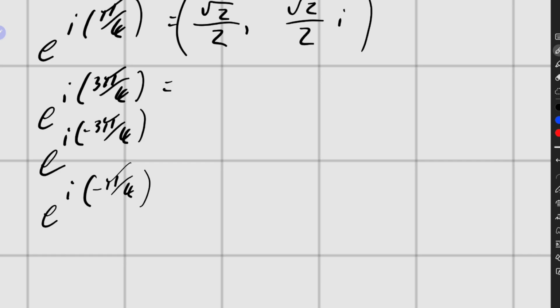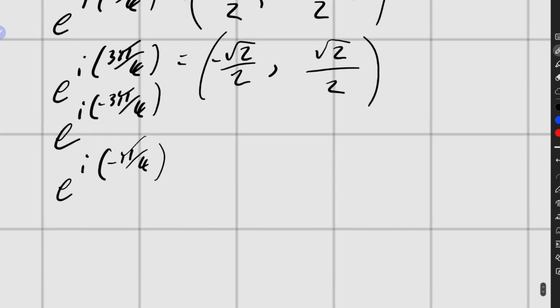So you're going to have 1 times cos of 3π on 4 is going to equal, so your real part is going to equal minus root 2 on 2, and your imaginary part is going to be sine of that, which is just root 2 on 2, right?